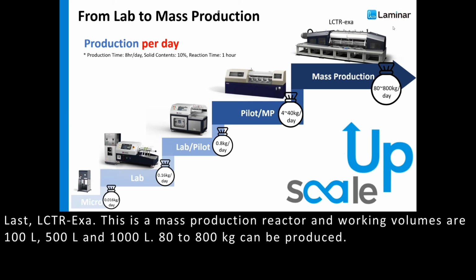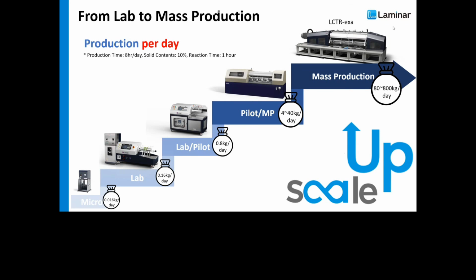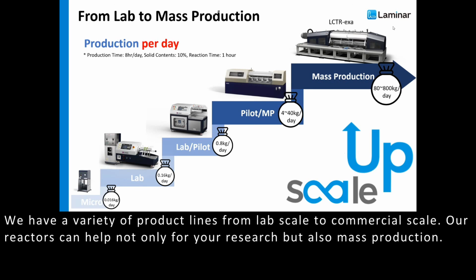This is the mass production reactor, and working volumes are 100 liters, 500 liters, and 1000 liters. 80 to 800 kilograms can be produced. We have a variety of product lines, from lab scale to commercial scale. Our reactors can help not only your research, but also mass production.